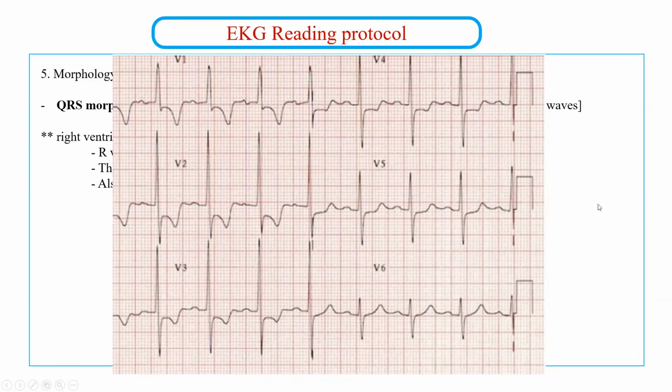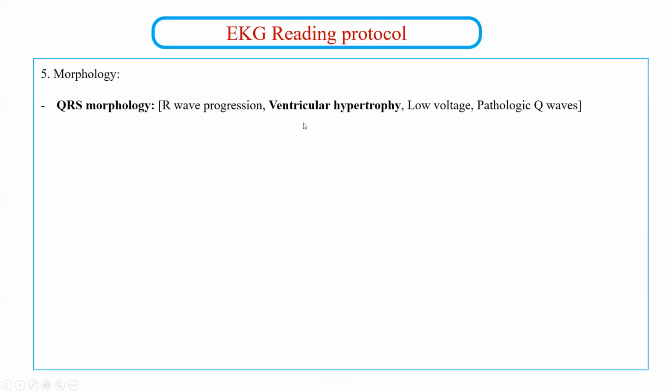Most importantly, more than right ventricular hypertrophy is left ventricular hypertrophy. We have 4 criteria to diagnose left ventricular hypertrophy, and one of them is sufficient. You need only one of these criteria to be positive to say that the patient has left ventricular hypertrophy.